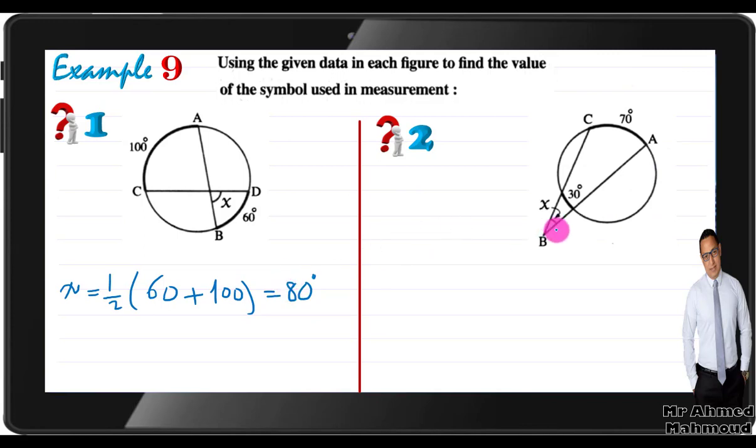Number 2, x is outside, so it equals half 70 minus 30. So x equals half, open brackets, 70 minus 30, equals 20 degrees.